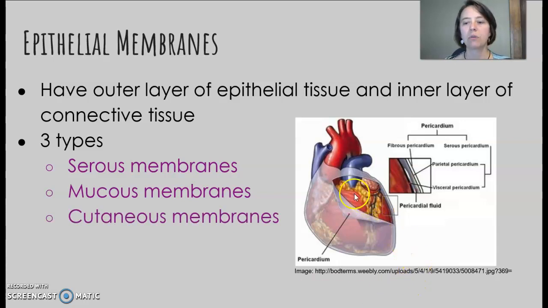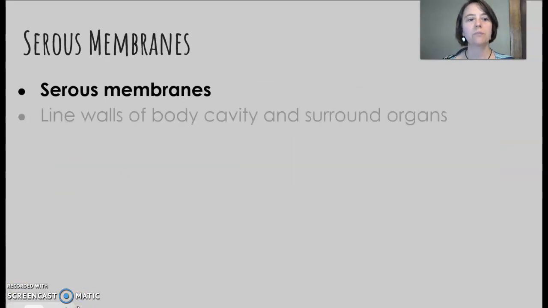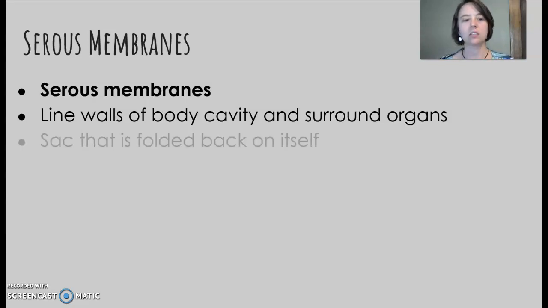And here's an example of a serous membrane, the pericardial membrane going around your heart that helps protect that. So serous membranes are a type of epithelial membrane, and one of their main functions is that they line the walls of a body cavity, and also they surround organs.